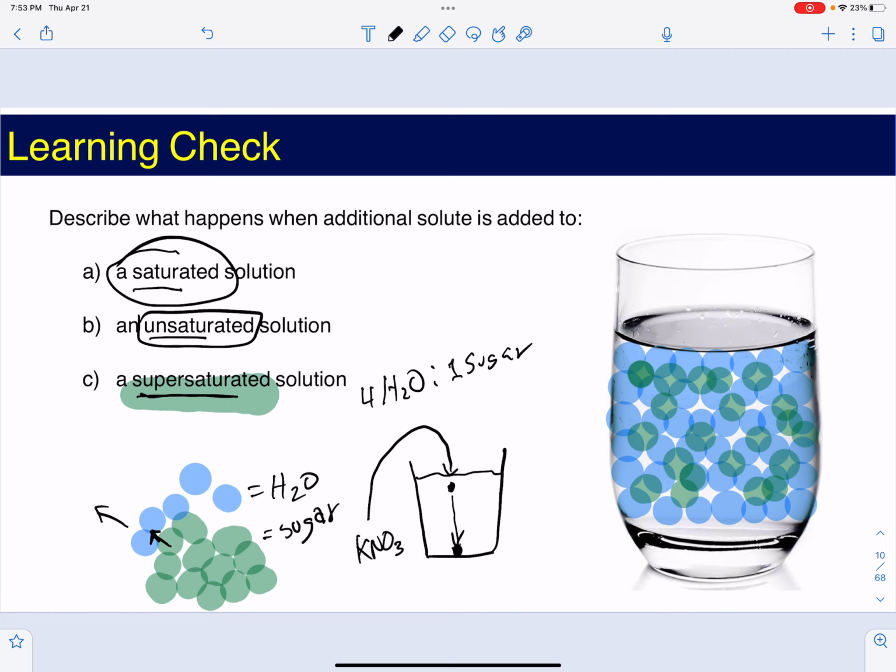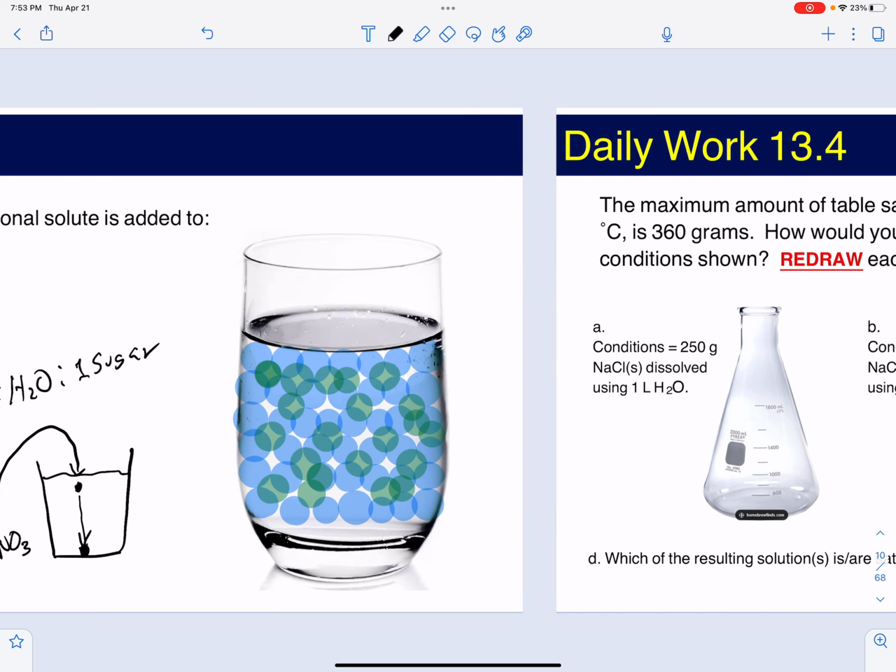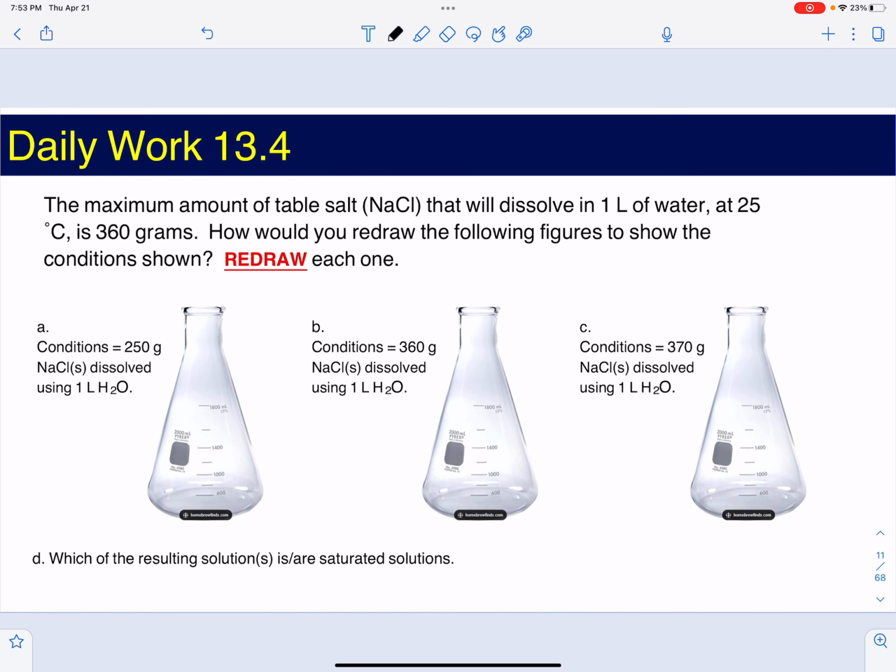So with that knowledge in mind, you should be able to answer this challenging question. And it's not a challenge, you just have to apply what you just learned. I would like to see you taking each one of these flasks and saying, well, my liquid is gonna be up to here, and will there be anything at the bottom or not?